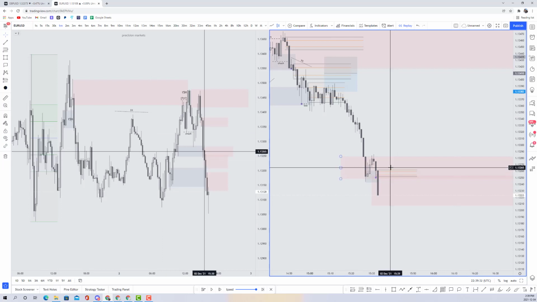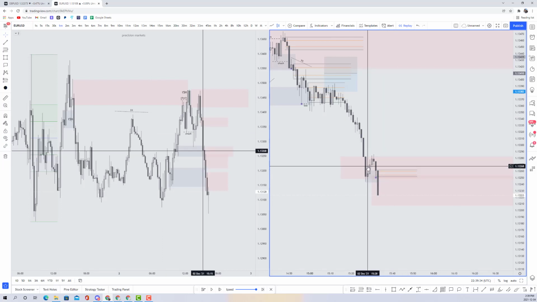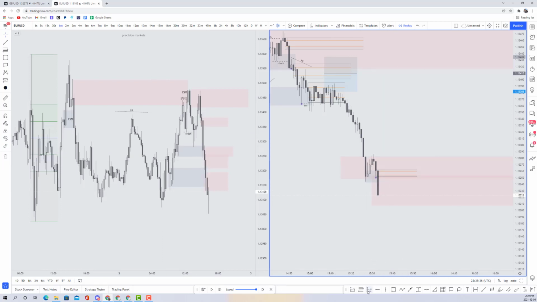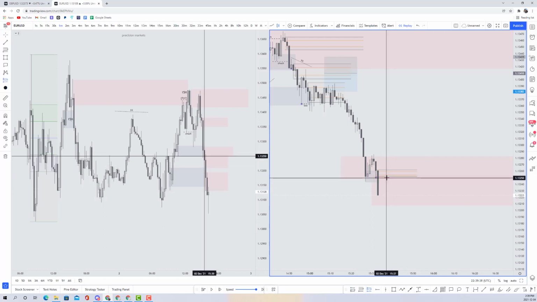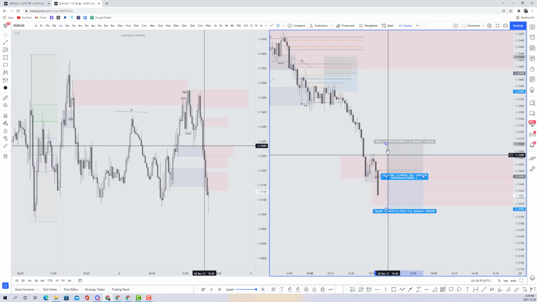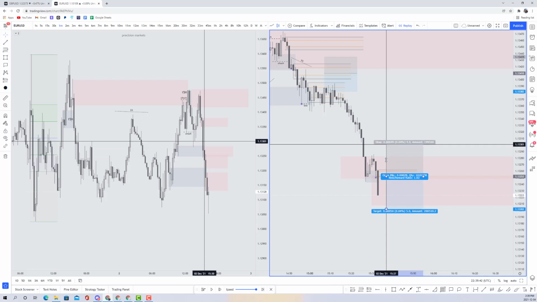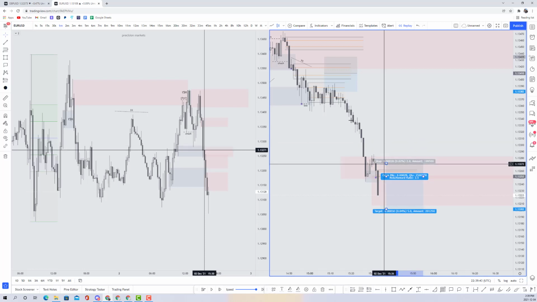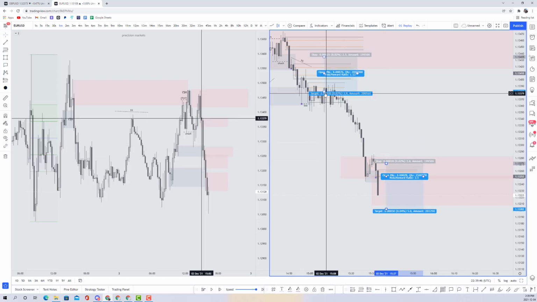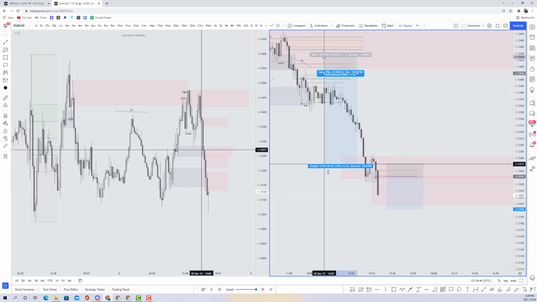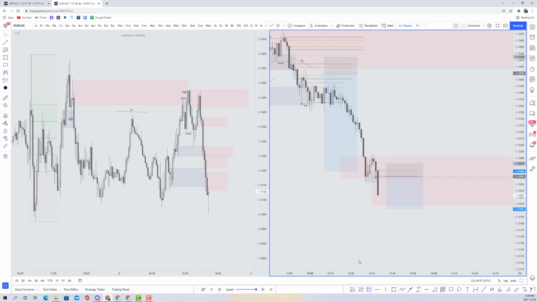So again, low in the leg, but if we're looking at it realistically, this is a small order too. If you're already in from the top, what you could do here is take partials. If we're in on our first order, I don't know if I'd take partials quite yet, but you'd be break even anyway.